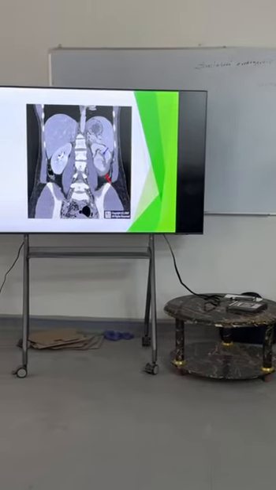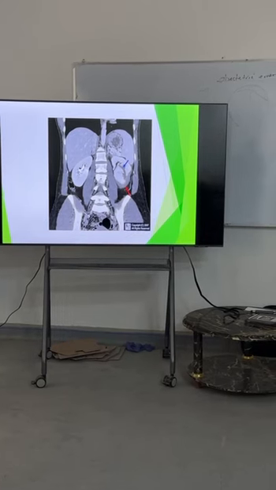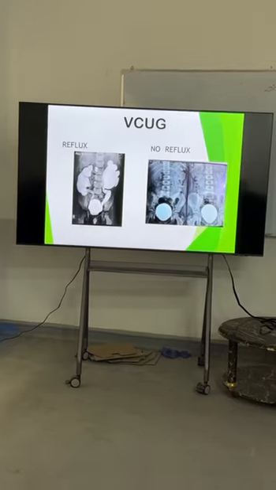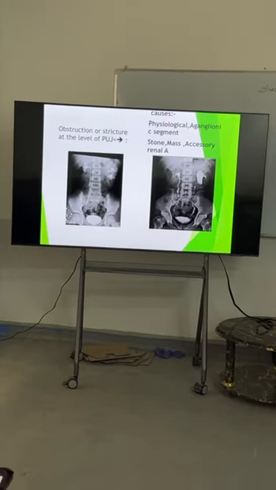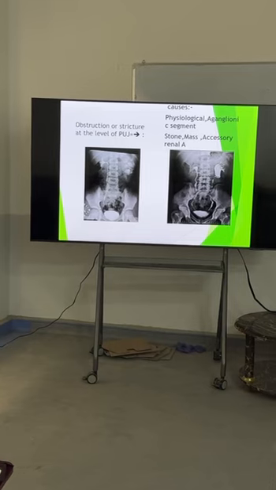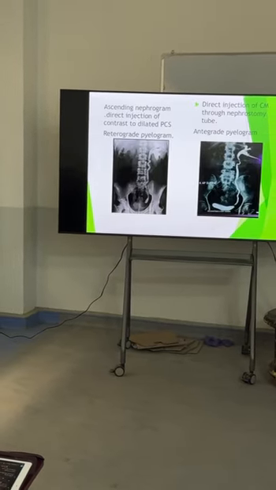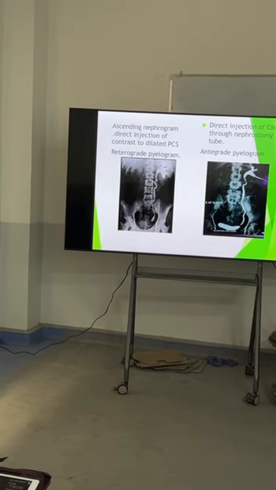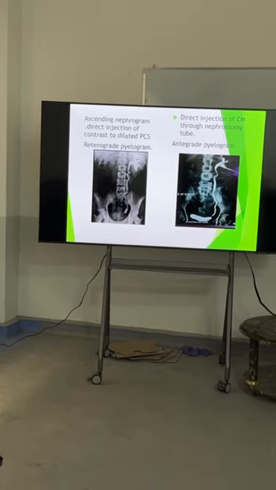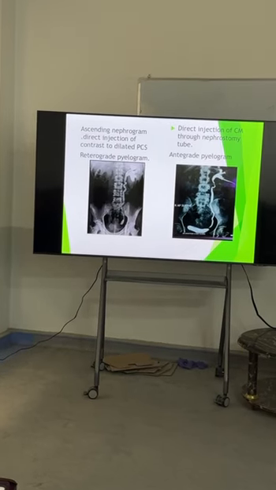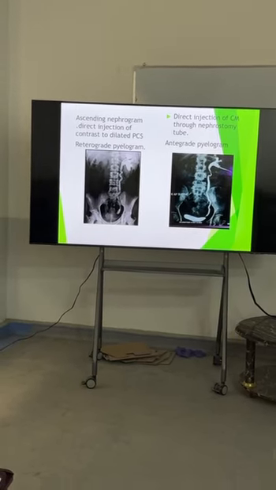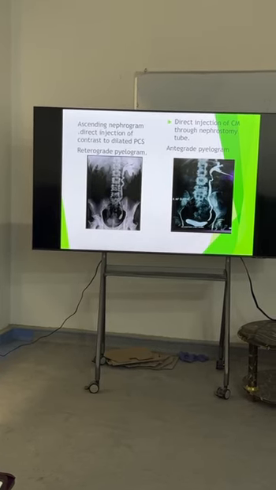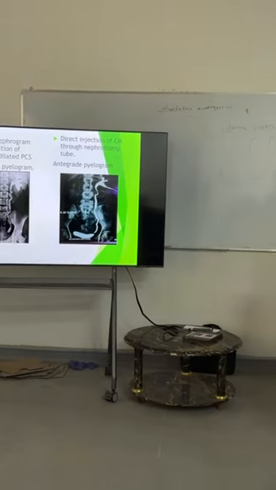How can we differentiate between the antegrade pyelogram and retrograde pyelogram? How to differentiate between these two investigations? Which is the indicator? Nephrostomy tube.